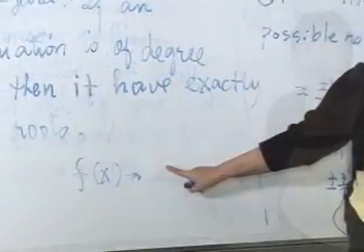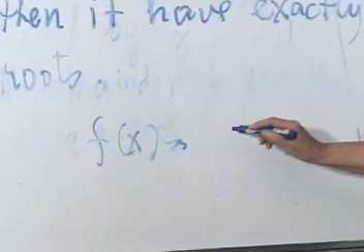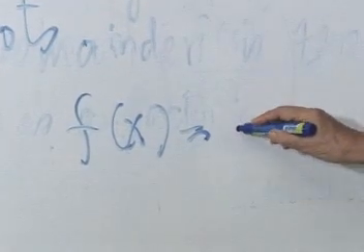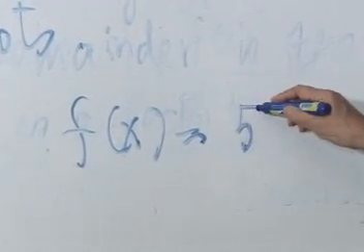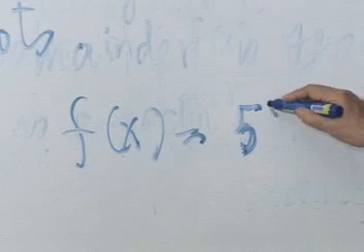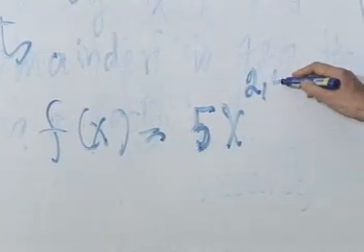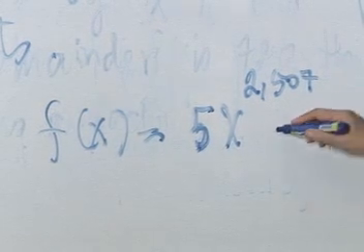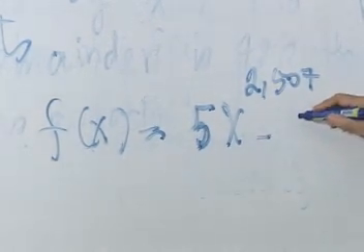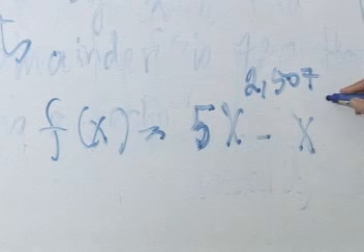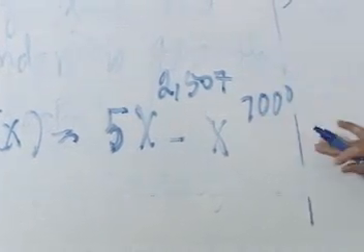Suppose that f of x equals, say, 5x to the 2,507 minus x to the power 7,000 plus 1.